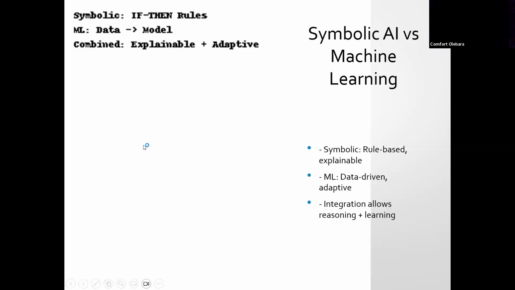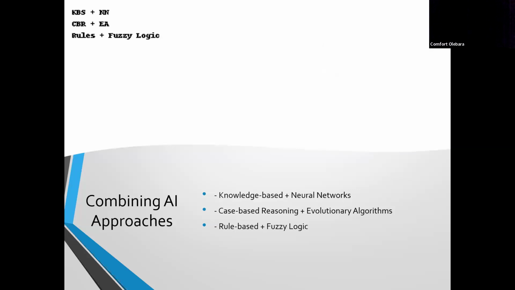Okay, so symbolic AI, we've looked at the previous one, rule-based versus machine learning. You're also looking at symbolic AI versus machine learning. So here you can have machine learning data, combining it with explainable or adaptive approaches. I will explain the adaptive again. I think I mentioned this earlier.